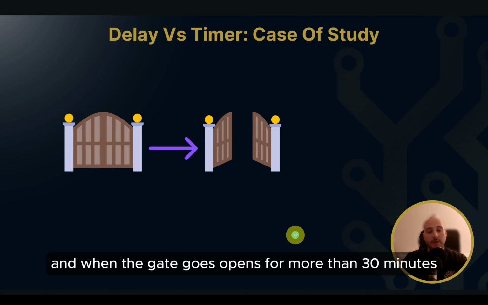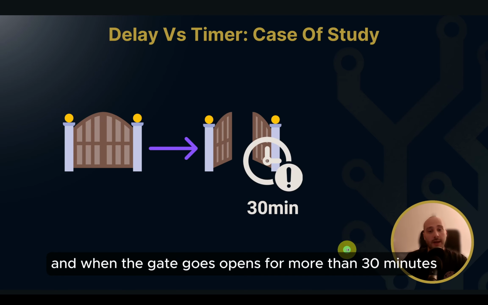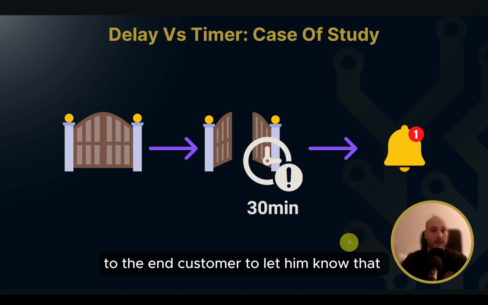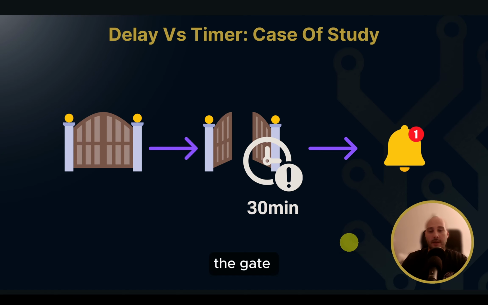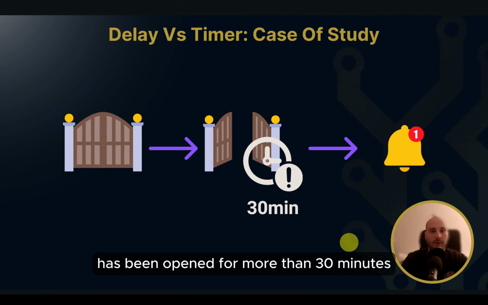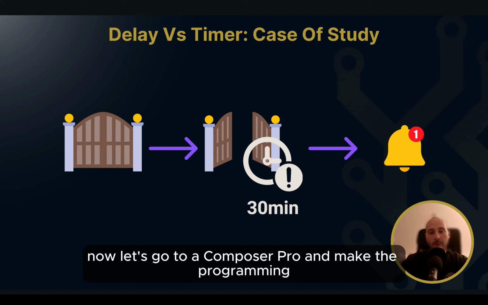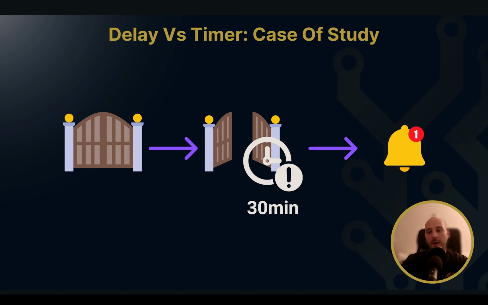And when the gate is open for more than 30 minutes, we are going to send a push notification to the end customer to let him know that the gate has been open for more than 30 minutes. Now, let's go to Composer Pro and make the programming of this example using delay first.